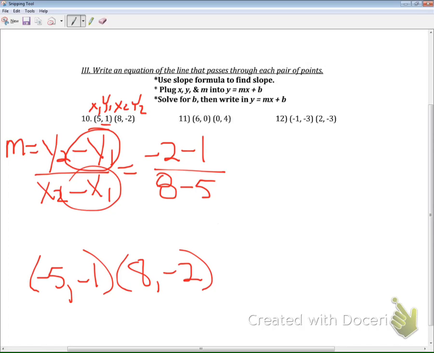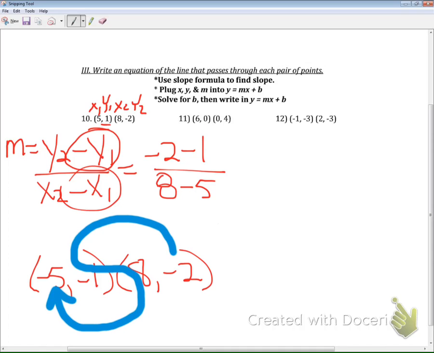-2. Then I'm going to draw this great big S, S for slope. It starts here, goes to here, back, and around. Do you see my big S? This lets me know what numbers go on top, and which numbers go on bottom.